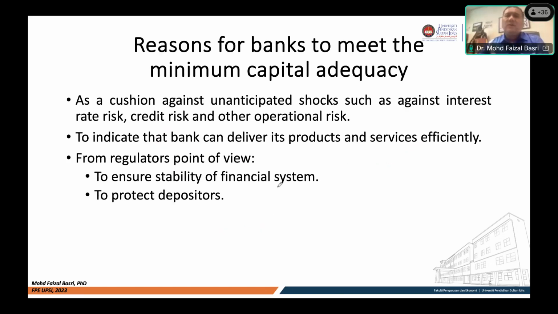So when we talk about capital, Bank Negara sets a minimum capital adequacy to ensure that there's a minimum amount every bank should maintain, okay, at any point of time. So as a cushion against unanticipated shocks, okay, as I mentioned earlier, something that we cannot predict, something extraordinary happens.